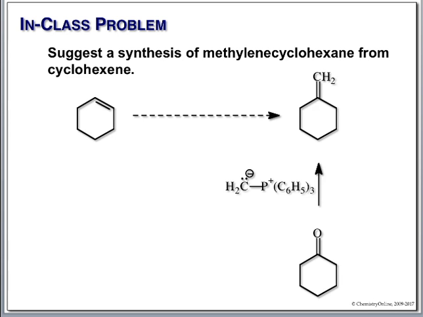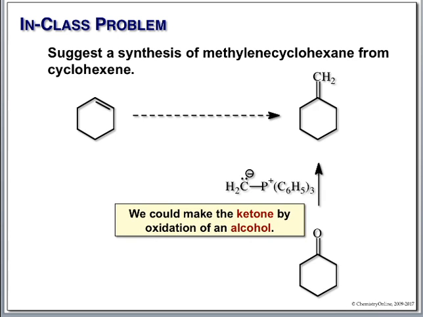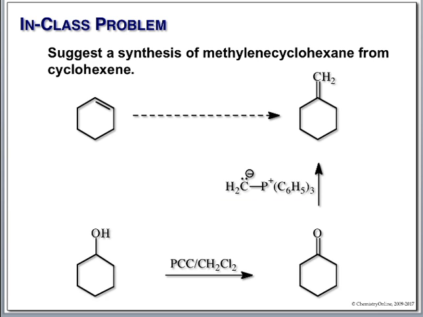Well, we say to ourselves, we could make cyclohexanone if we had an alcohol, right? If this was an OH, we could oxidize it to the ketone. We could do that quite simply using lots of different oxidants.